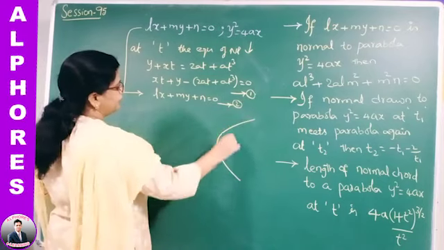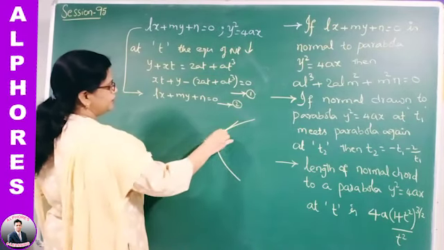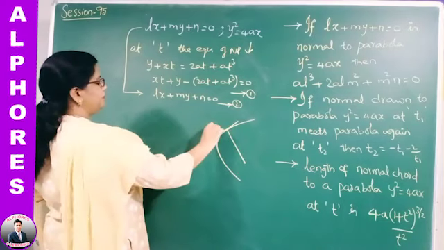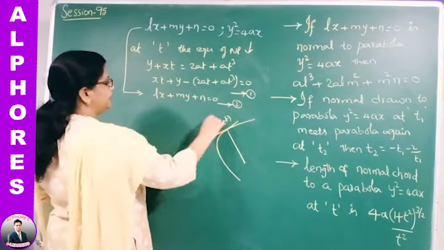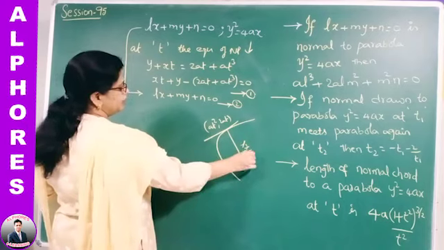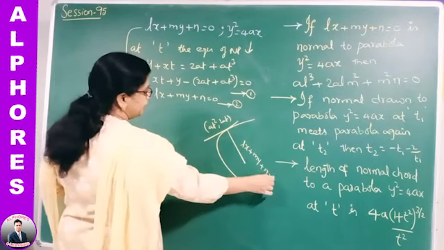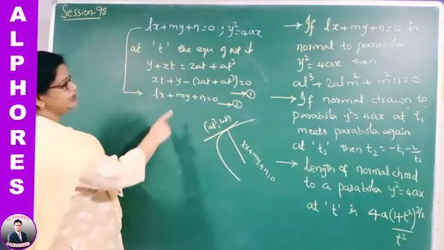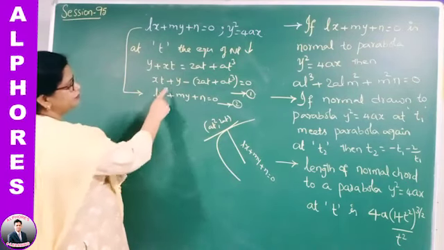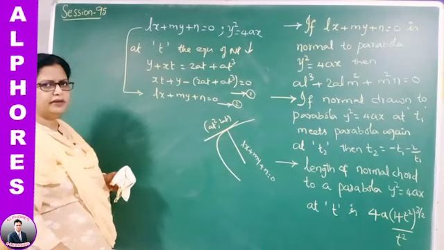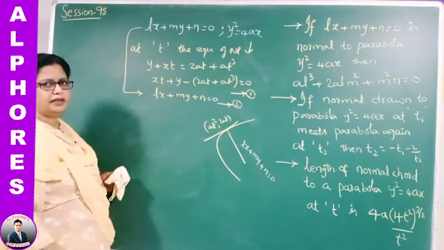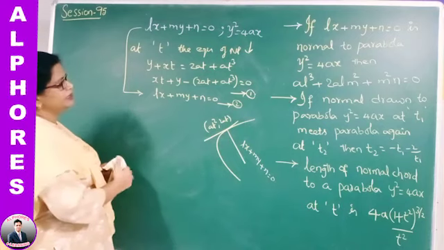Both are representing the same line. This one we got by the formula we found just now, but already they said this normal is Lx plus my plus n equal to 0. Both the equations represent the same line. When two equations represent the same line, their corresponding coefficients are in the same ratio.